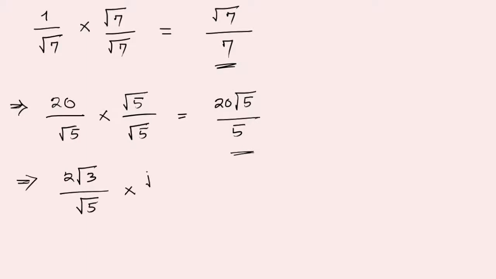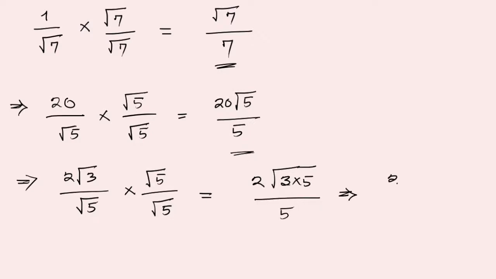We do the same thing, multiply numerator and denominator by the denominator here, root 5, and this is going to be equal to 2 root 3 multiplied by 5, which is 2 root 15 over 5, and our final answer is 2 root 15 over 5.